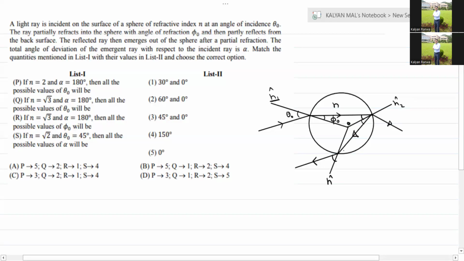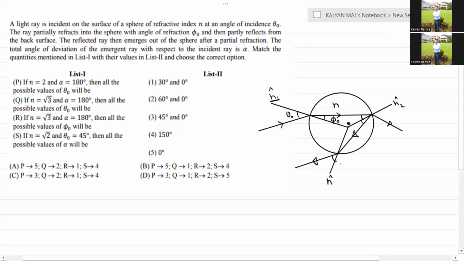Then again I have drawn the normals, because in the next section the question gives the total angle of deviation. The reflected ray then emerges out of the sphere after the partial reflection, and this ray again undergoes partial reflection.